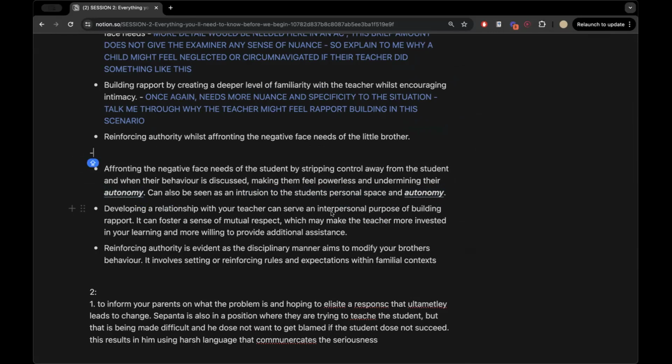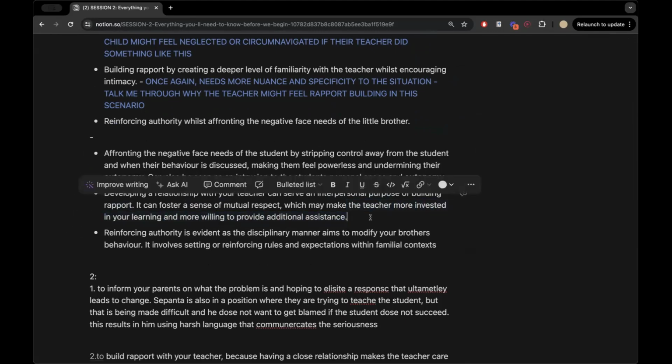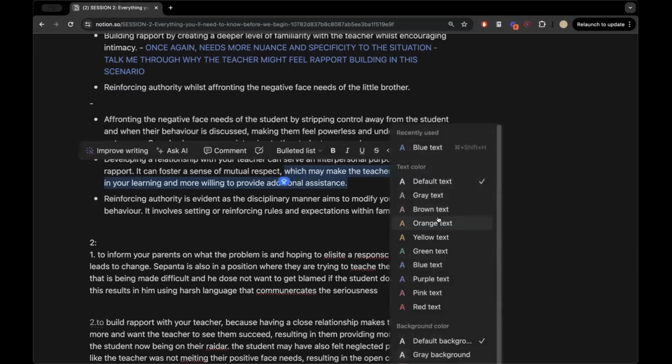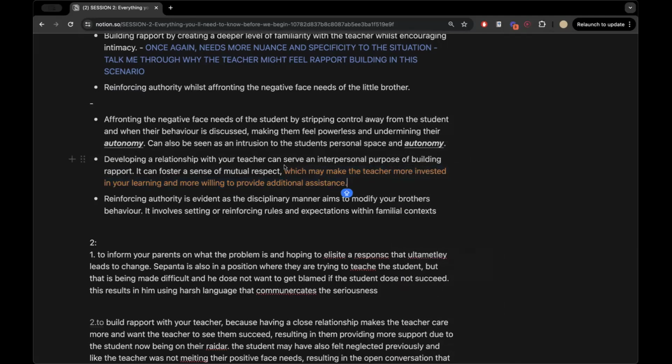Developing a relationship with your teacher can serve an interpersonal purpose of building rapport. Absolutely. It can foster a sense of mutual respect, which may make the teacher more invested in your learning and more willing to provide additional assistance. This is the key. This little sentence here, I want everyone to notice this. Every VCAA examiner will read this and go, wow, this is an incredible sentence.